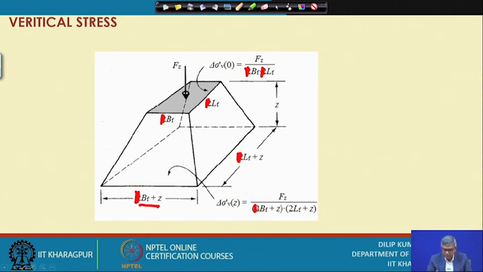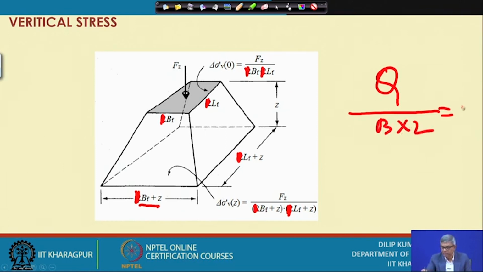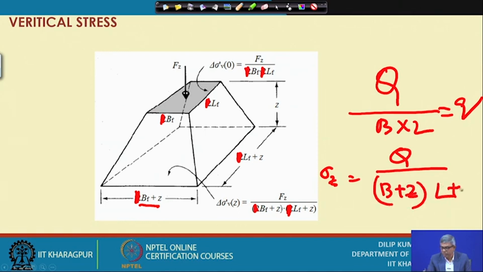Suppose at the surface your force is Q over B into L. Now at a depth Z, sigma Z will be Q divided by B plus Z, multiplied by L plus Z. Compared to this, this width is bigger, so ultimately the pressure at this point will be reduced.